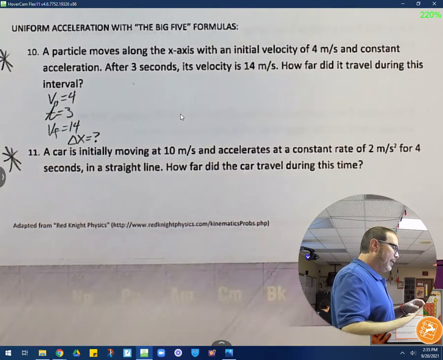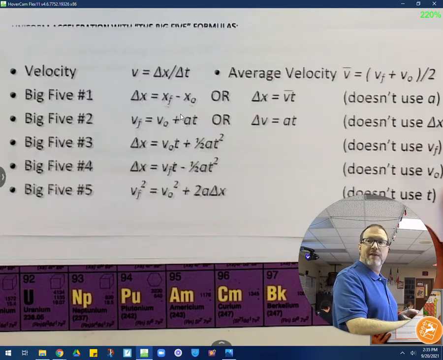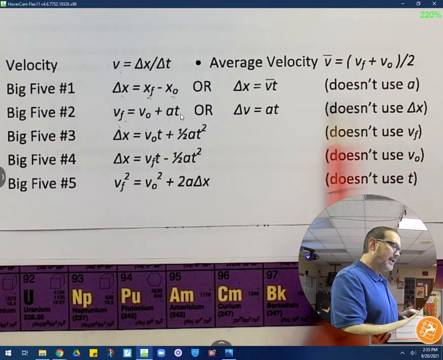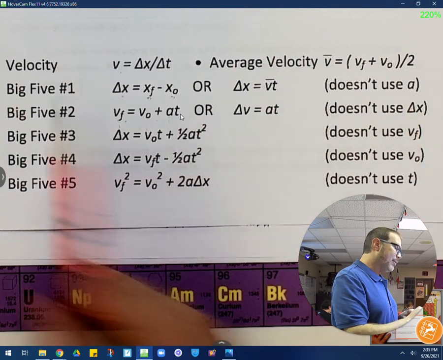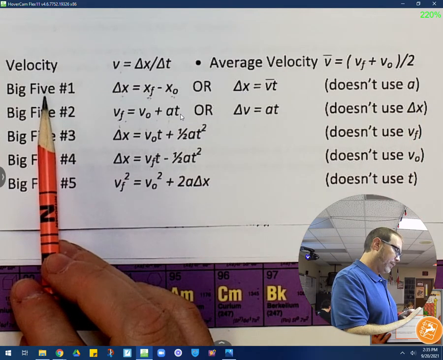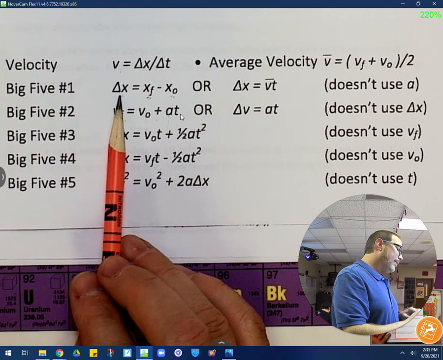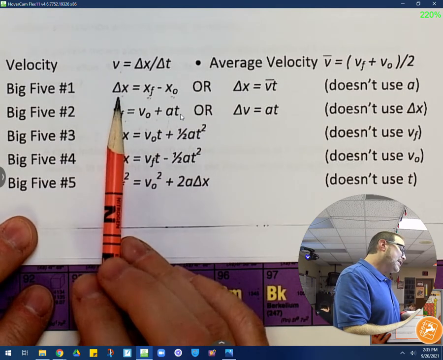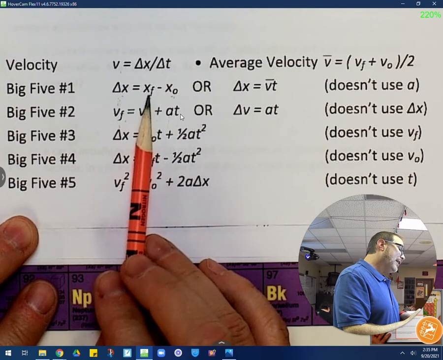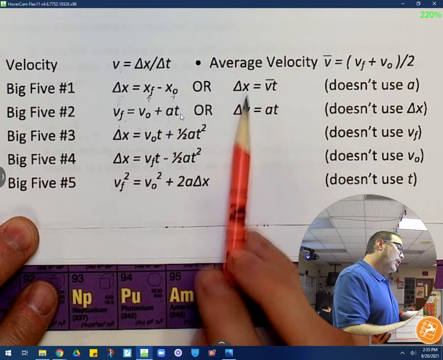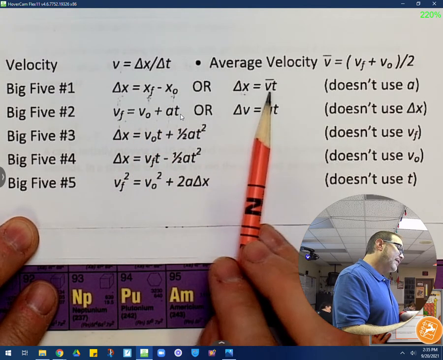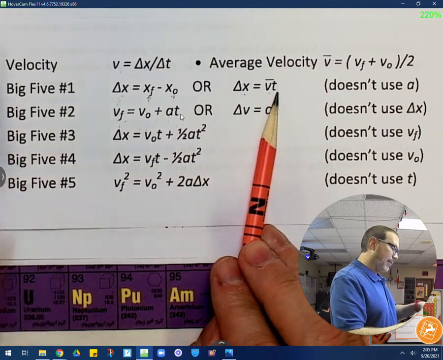So that's a clue to tell me which Big 5 I need to use. I need to find the one that doesn't use A, which means I'm going to be using Big 5 number 1. So my displacement is going to be either my final position minus my original position, or it's going to be my average velocity times time.